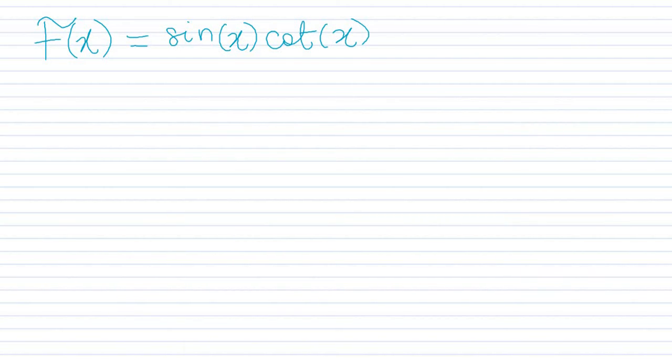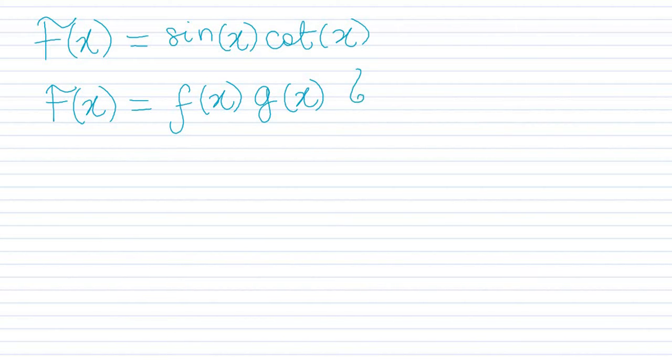So now the first thing we have to do is to review what the general formula is for a function that we need to apply the product rule to. Whenever you have a function that has two subfunctions multiplied by each other, so two subfunctions f of x and g of x, this is what the general formula looks like. We can see that the question we have, sin x multiplied by cotangent x, is very similar to this general formula.